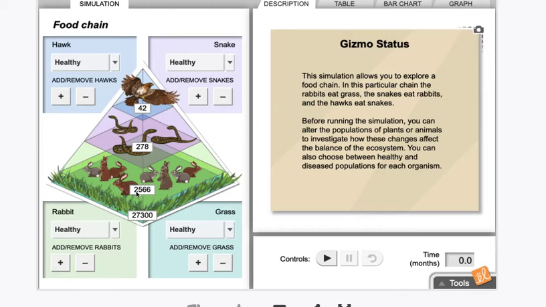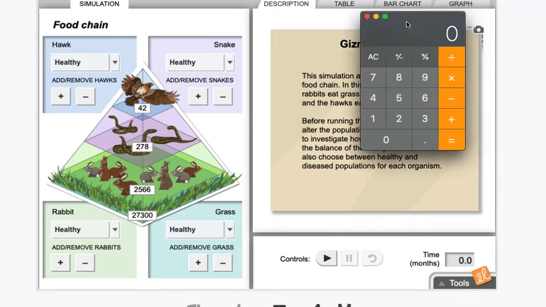So 2,566, I'm going to open up my calculator here. 2,500 times 2 is 5,000, and 66 times 2 is 132, so that's 5,132. Let's check to see if I'm right.